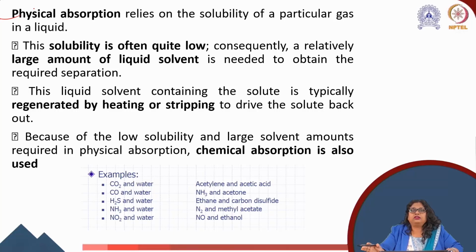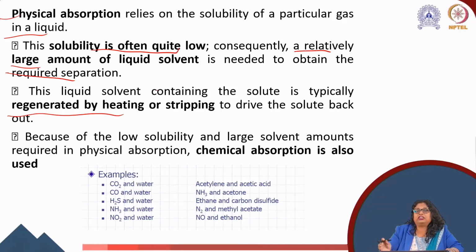Under that, physical absorption relies on the solubility of a particular gas in a liquid. This solubility is often quite low. Consequently, a relatively large amount of liquid solvent is needed to obtain the required separation. This liquid solvent containing the solute is typically regenerated by heating or stripping to drive the solute back out.